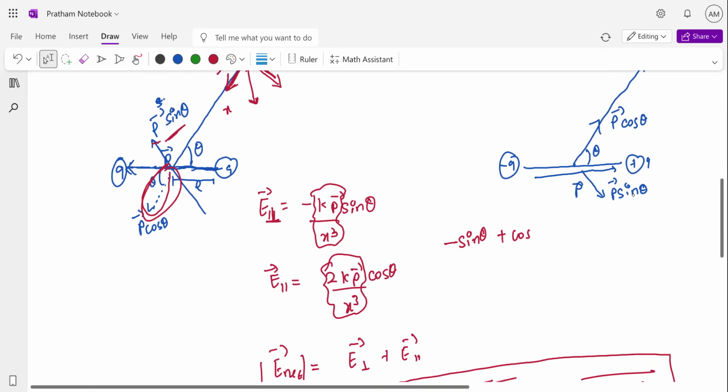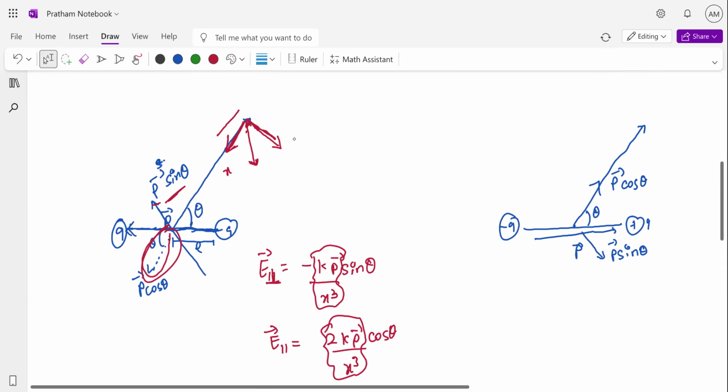All right, let me just remove this part. You know what the value of this one is? This is the E perpendicular, right? And this is the E parallel piece. One more thing: in which direction do we get the total net direction of the electric field? It can be taken with respect to this line.